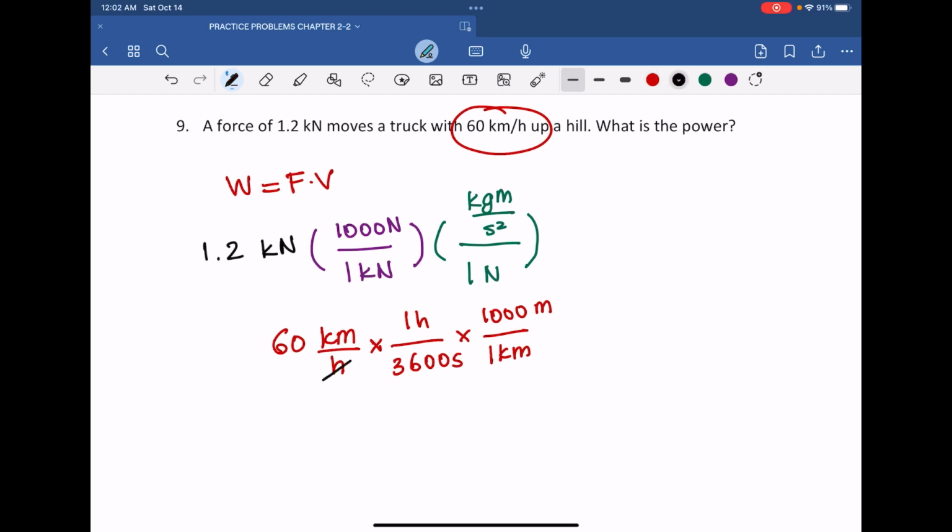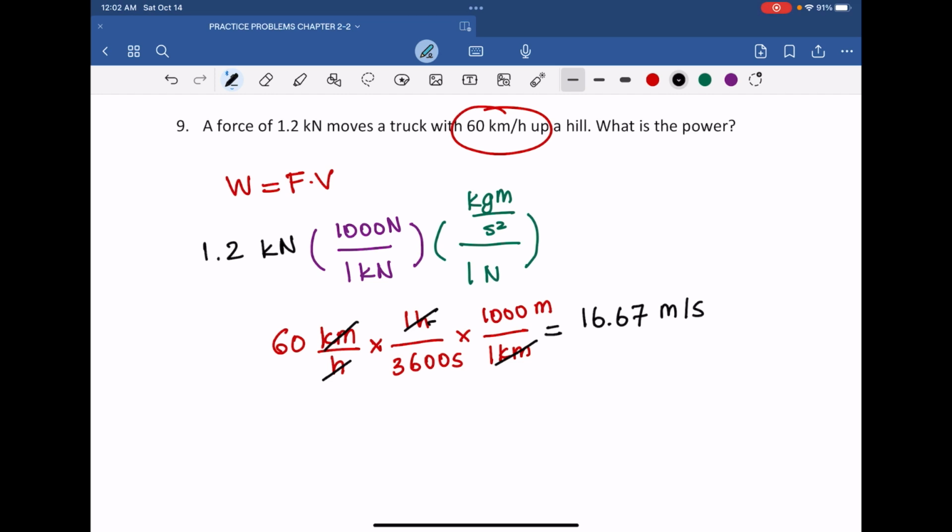So the velocity is actually 16.67 meter per second.